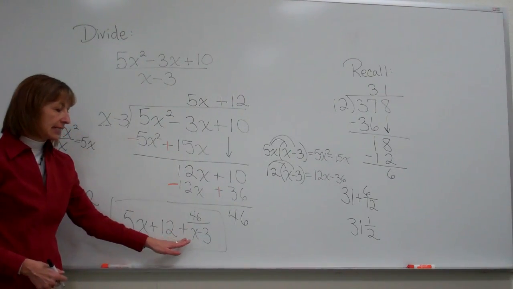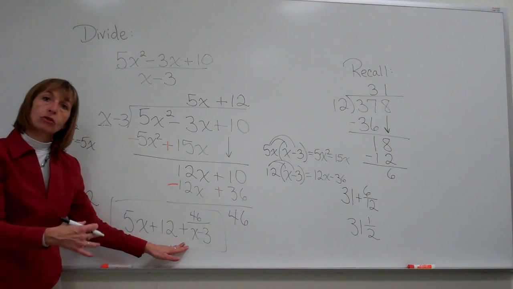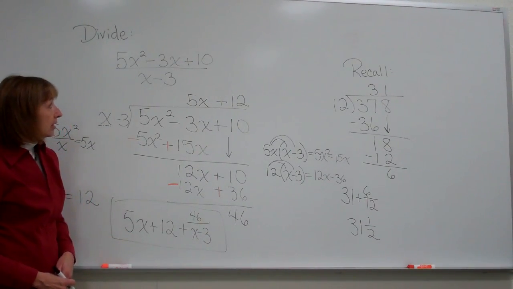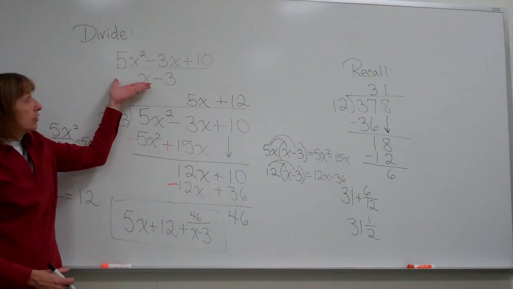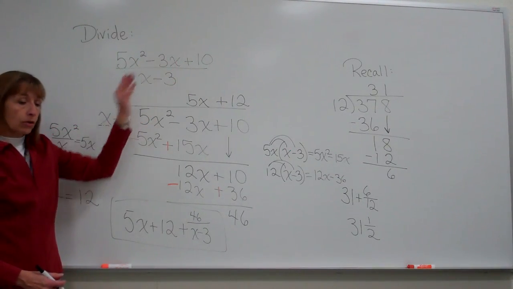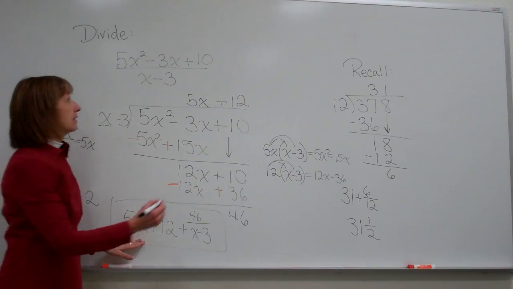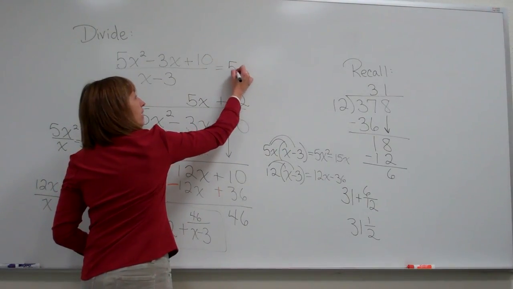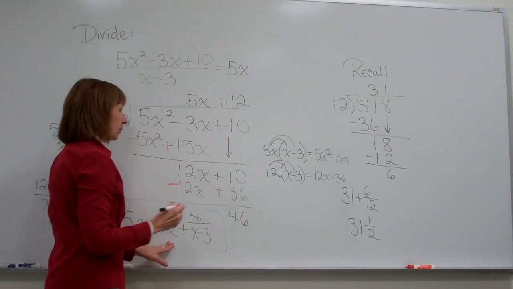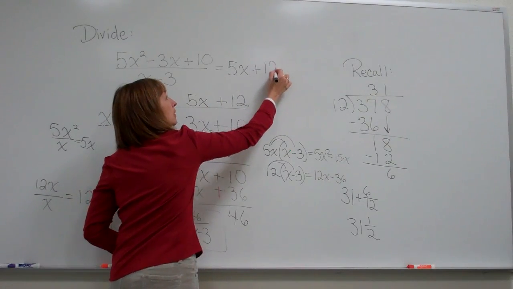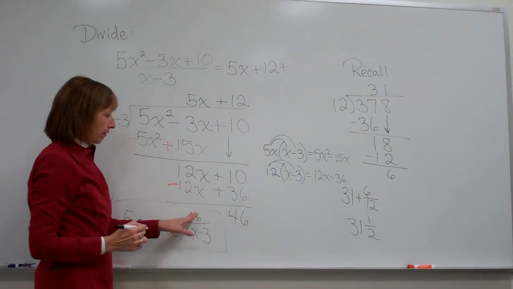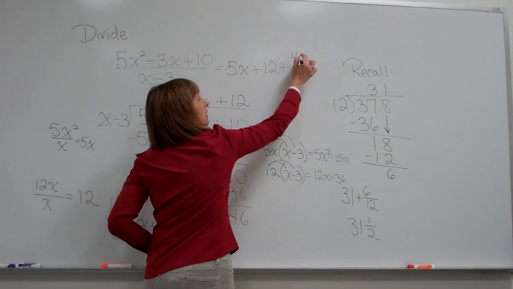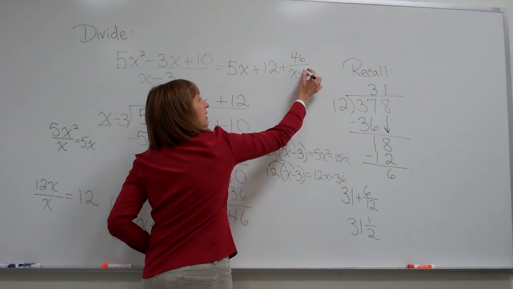And it's really an addition or subtraction, different terms that you get from this process. So the long division answer to the original question here, I get an answer of 5x plus 12 plus 46 over x minus 3.